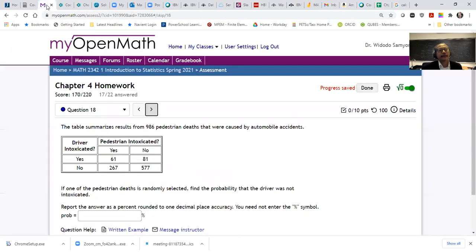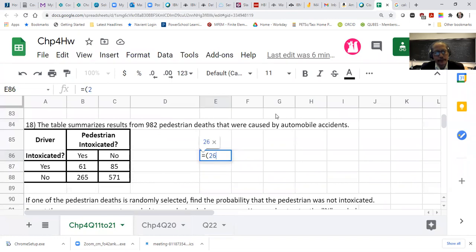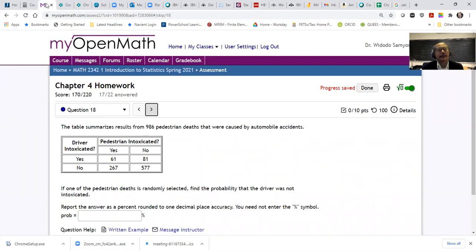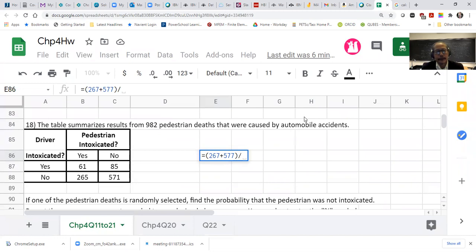So what do you have here? 267 and 577, right? Okay, and then divide by the total, 986, and then times 100%, right? So the answer is 85.89837.